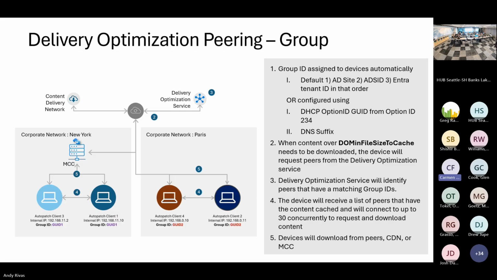Those include things like your Entra ID, an AD site, AD SID, different things you might use within your environment. Another one that's getting even more popular is using DHCP. And in this case, it doesn't matter the location of the device itself. If you belong to a group, then that's what it will consider to be in that particular peer group.